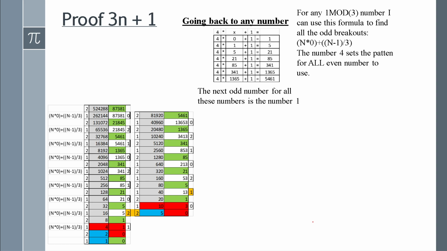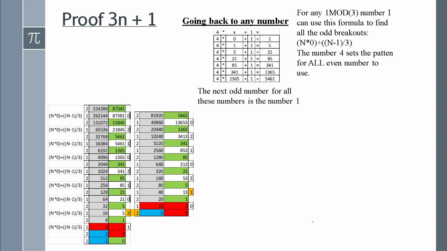Right? And the next one would be 5 and 16, right? But 5 and 16 are not a base, they're just following 4 and 1 at a higher level, right? So 16 times 1 plus 5 is 21, right?